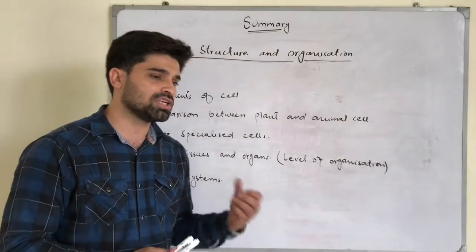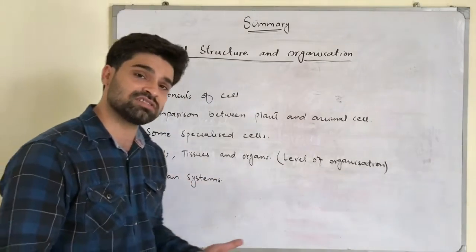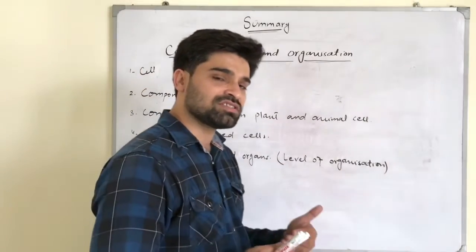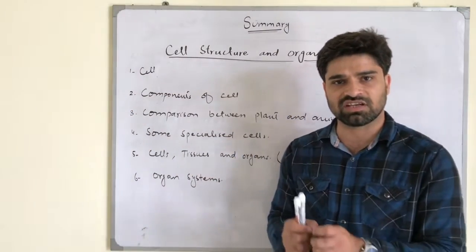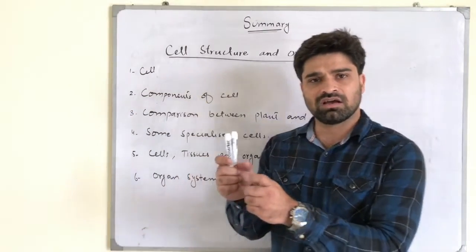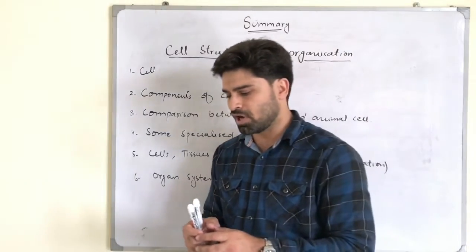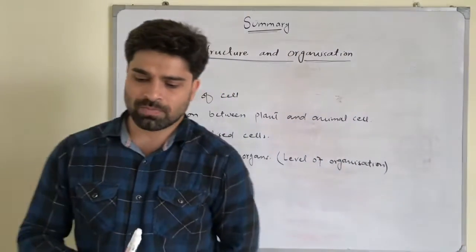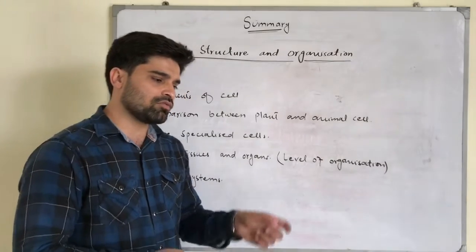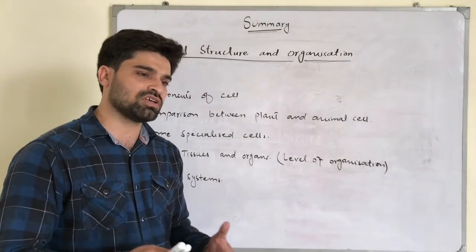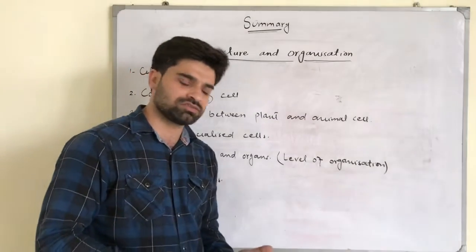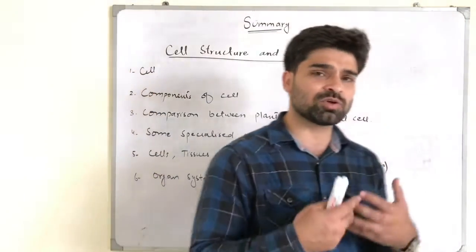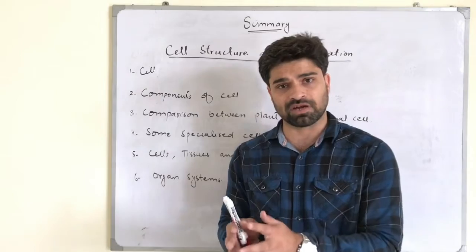Then we talked about the xylem vessels, and xylem vessels are basically long hollow, lignified cylinders. They are basically the dead cells of the plant. They transport the water from the roots to the other parts of the plant, and they also provide support to the plant.